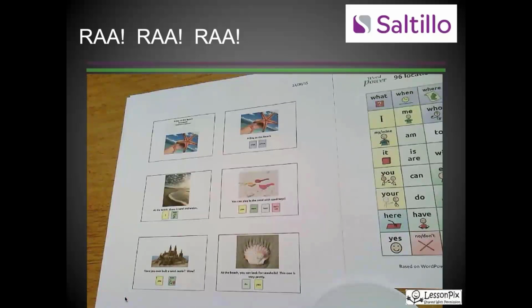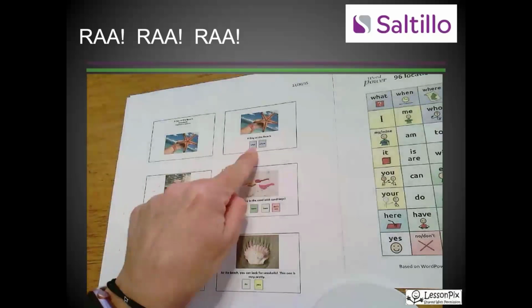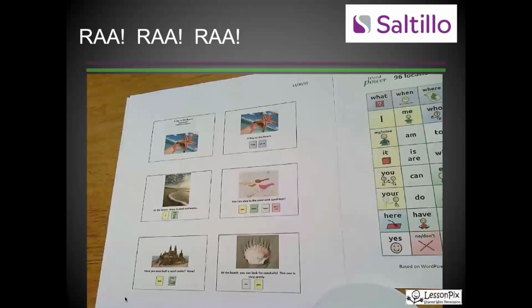Okay, for this strategy, we are going to walk through the rah example with a storybook called A Day at the Beach. Now, this is from Tar Heel Reader, and I have also adapted it with some glossed symbols here, you'll notice.